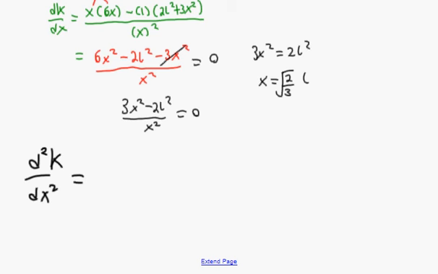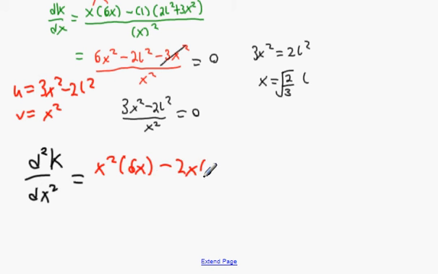Differentiate. This time u is 3x squared minus 2l squared. v is x squared. So we're going to get x squared multiplied by 6x, minus 2x multiplied by 3x squared minus 2l squared, all divided by x squared, all squared.